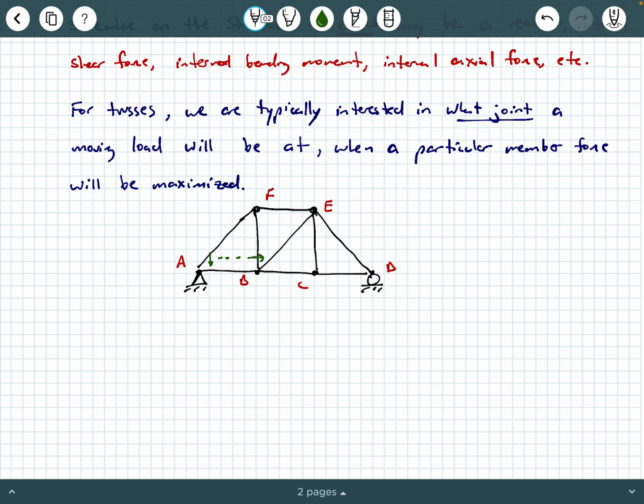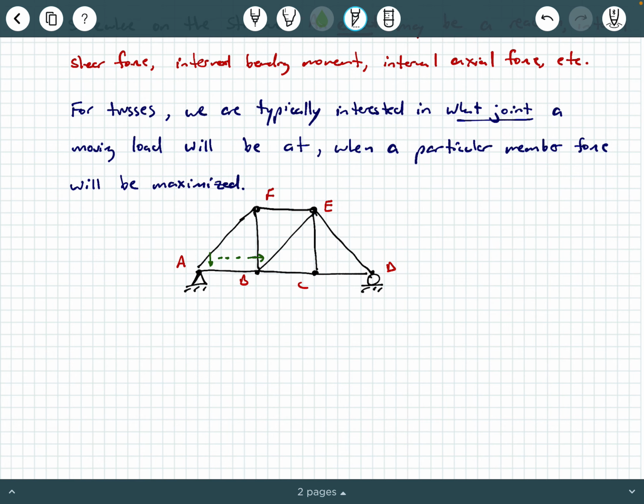Where on this truss would that load be located that would maximize the force in, for example, member FE, okay? Where would this load be that would cause the force in member FE to be a maximum?